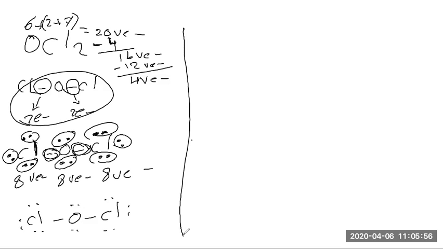Let's practice with another molecule. Let's say we have the ammonium, NH4 positive. Nitrogen, 5 valence electrons, plus 4 times 1 for the hydrogen, minus 1. Guys, if we have a positive charge, you will subtract. Negative charge, you will add, according to the number of the charge. So here, 5 plus 4, it will be 9 minus 1, 8 valence electrons.